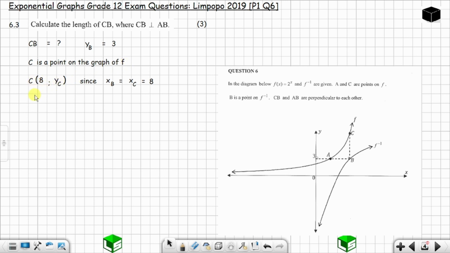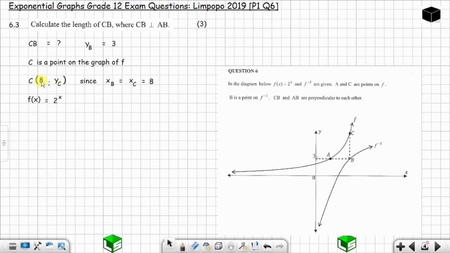So f of x is equal to 2 to the power of x. You can see you have it there. So C is on the graph of F. I can use the equation of the graph of F to find the y-coordinate of C. Let's do that. To get the y-coordinate of C, I'm going to take f of 8.